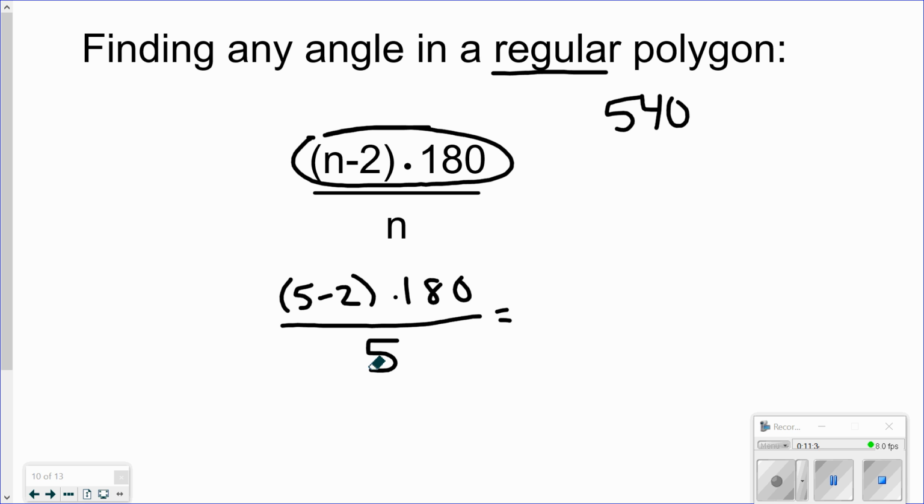When you plug that in your calculator, we end up getting 108 degrees. So what does that mean? It means that each angle in a regular pentagon would be 108 degrees.